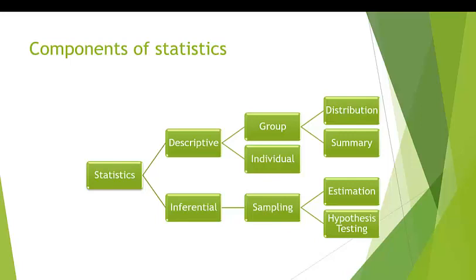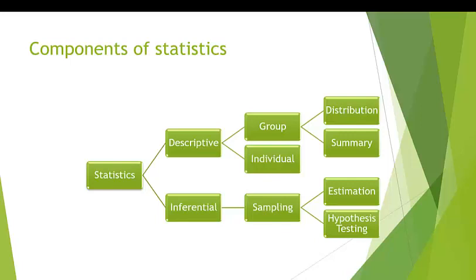Then in the last module we moved down into individuals. Just to touch base with this, the way we did this is we looked at things like mean, median, mode, variance, standard deviation, and those are all summary statistics.